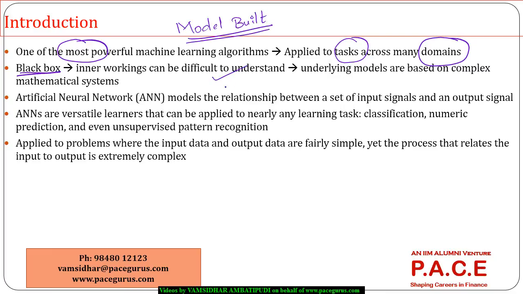The calculations that are typically done as a part of neural networks are very difficult to understand. If you try to understand the mathematics, it is very complex mathematics. So unless I have a very good hold on the advanced mathematical concepts, I cannot really understand the calculations of neural networks.